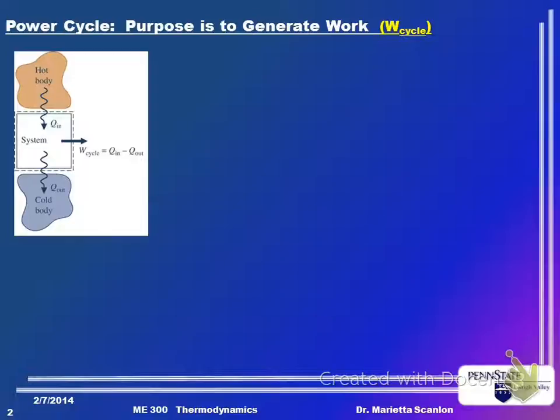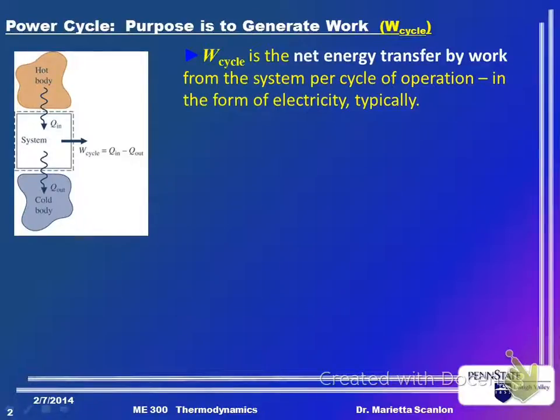So if you look at the schematic, Q out of the system to the cold body, Q into the system from the hot body, work out and is collected, okay? So W cycle, we're defining as the net energy transfer by work per cycle. Usually in the form of electricity.